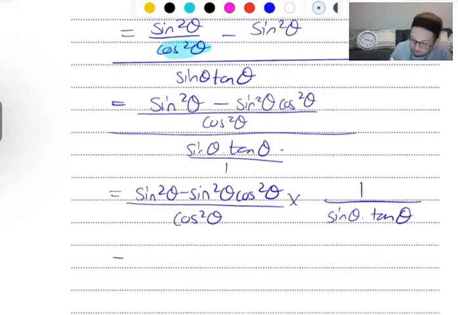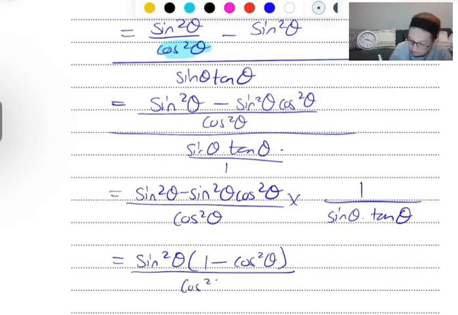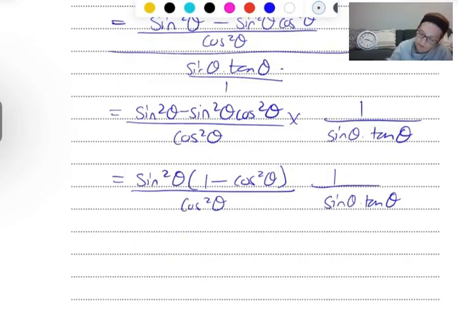Now I'm going to take out a sine squared theta because it looks like something that I can do. Cos squared theta. I'm just going for it at the moment. I see another identity here, so that can be changed into a sine squared theta.